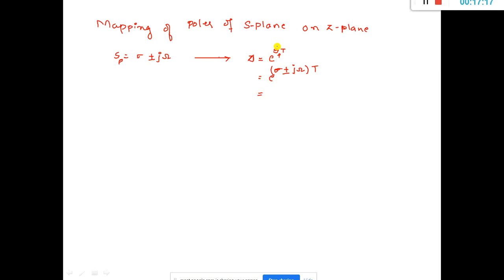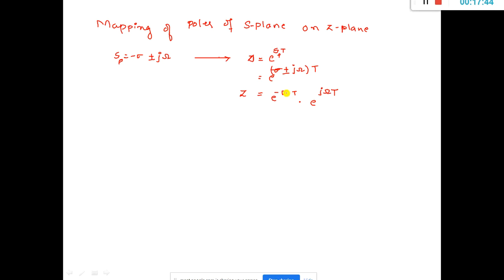Just to understand, you need to understand that it is a pole. So e to the power of, I'm sorry, this is minus sigma. So minus sigma t into e to the power of j omega t.